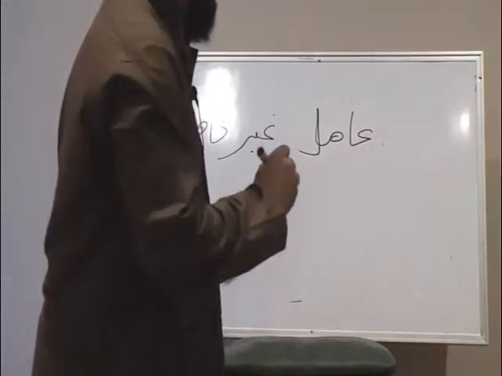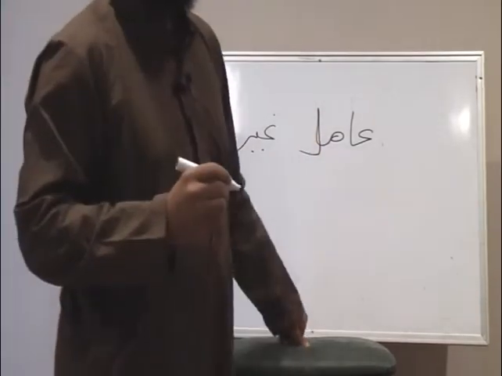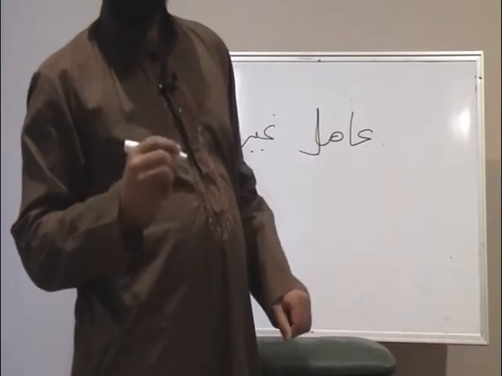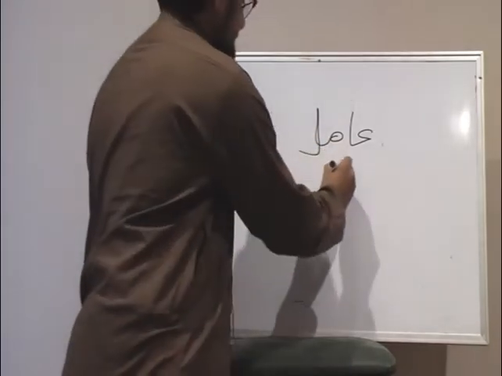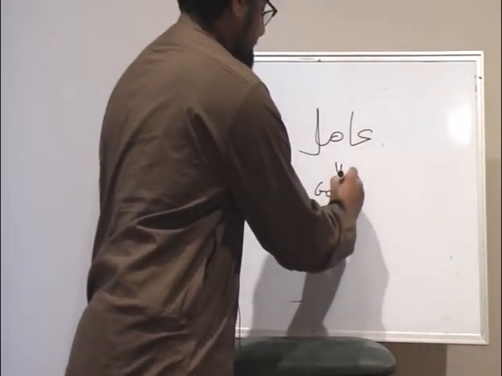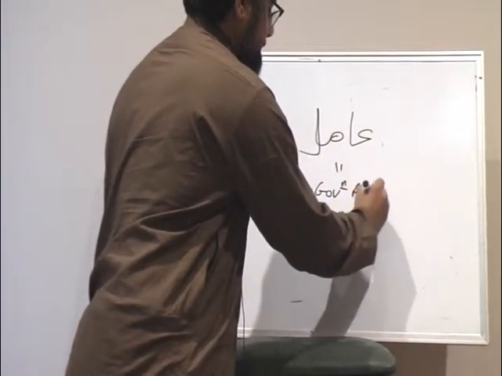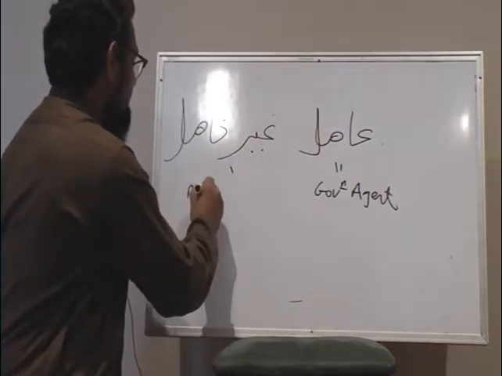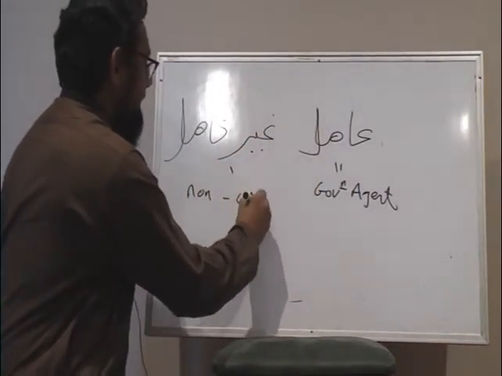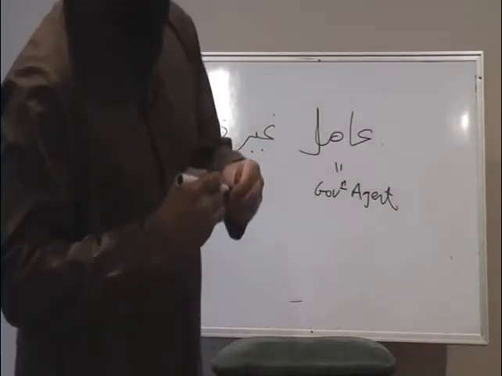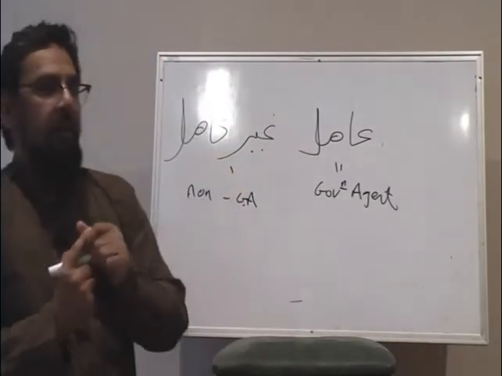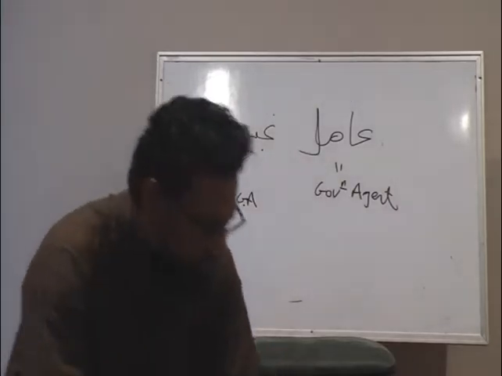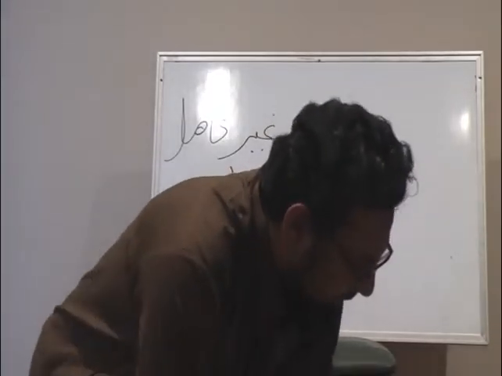And what عامل means in this context is the governing agent. Okay? So, governing agent. And غير عامل is the non-governing agent. Now, what do I mean by that?